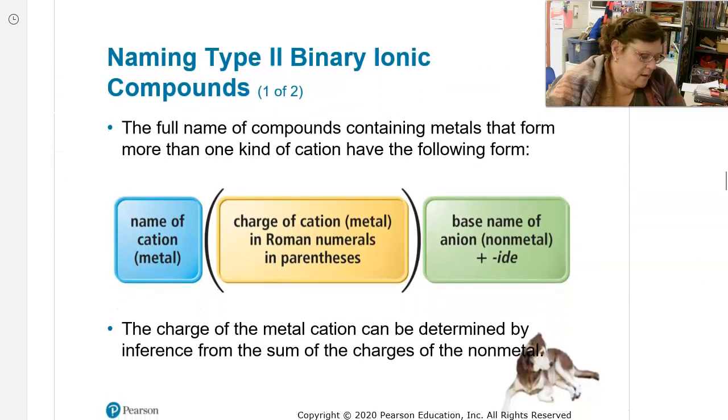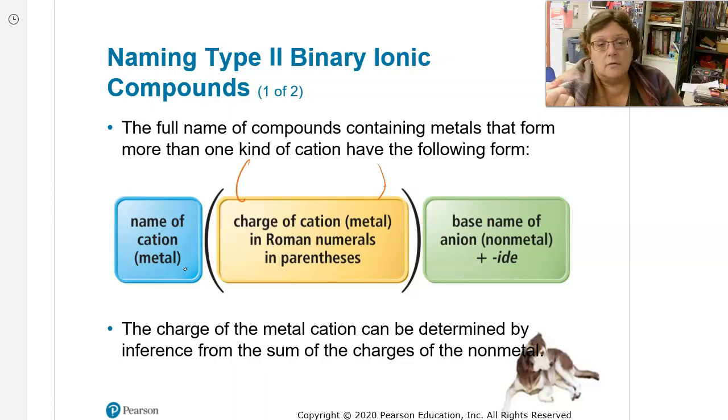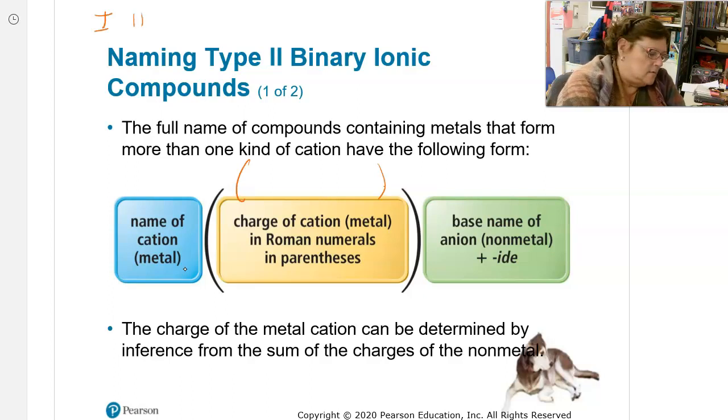All right. So you take the name of the cation, and in parentheses you use Roman numerals. I realize they don't probably teach you that anymore. This is a 1. This is a 2. That is a 3. That is a 4. That is a 5. That is a 6.